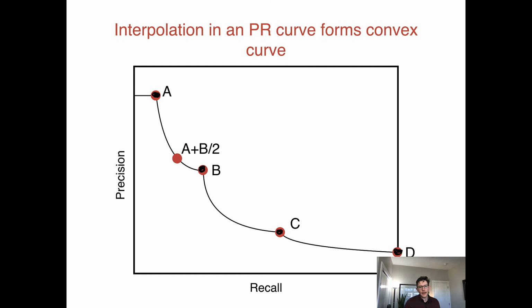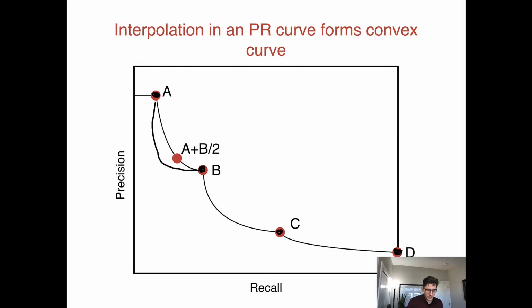It turns out, and you can work this out yourself, it's not too hard to do, that if you add half of B to A, you get some point that, like we showed before, is midway between A and B for recall, but some precision that is not equal to what you'd get along this line. So you actually end up getting a line that goes kind of down before it goes to the right. It's a convex curve to be most mathematically accurate. And in fact, it's a strictly convex curve.